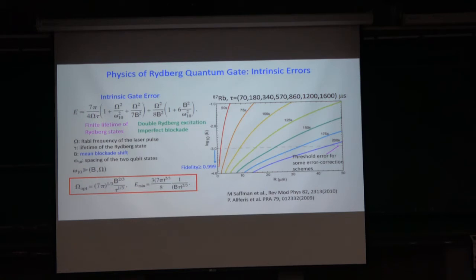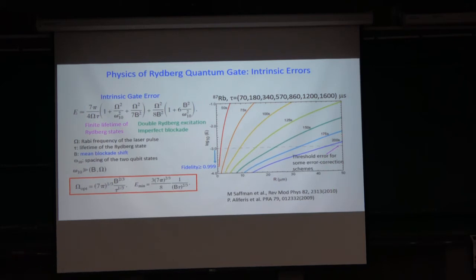Experimentally, you can play with laser intensity, or the interaction can be tuned by either the distance between atoms or which principal quantum number state you excite. If you excite to a higher principal quantum number, you don't need a very short distance between atoms, and the fidelity can be high.